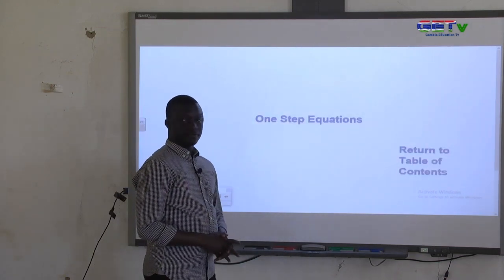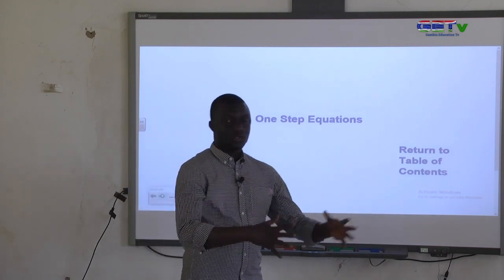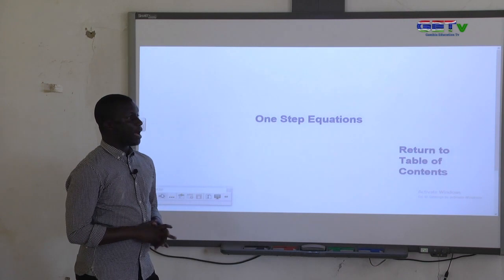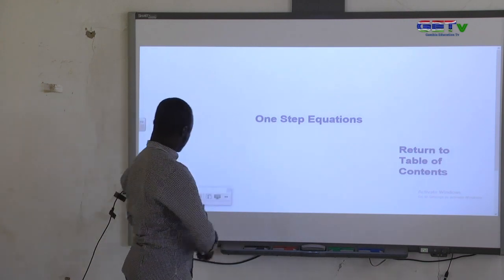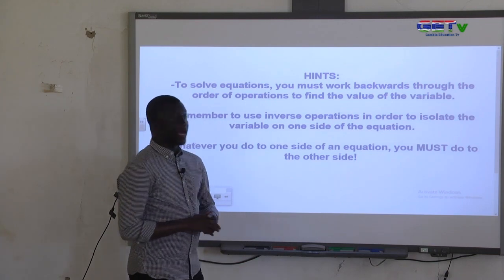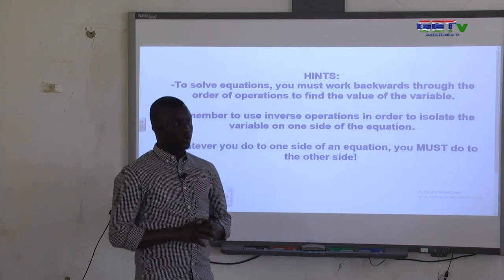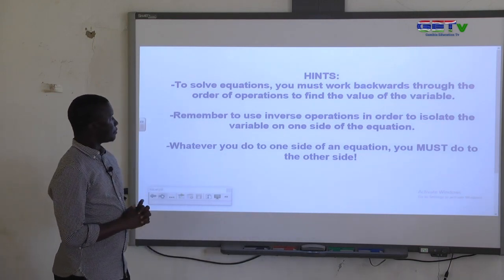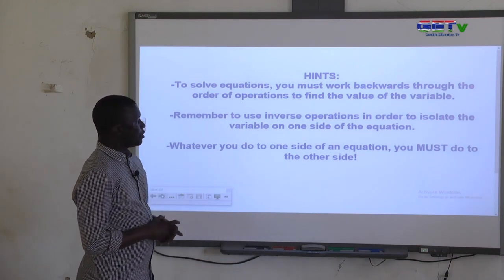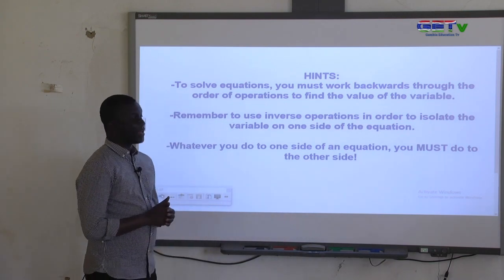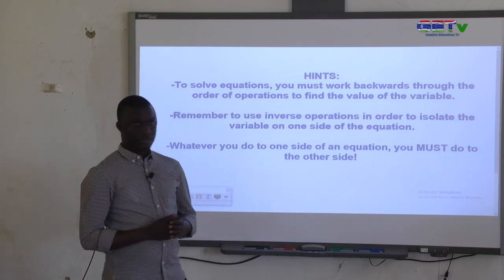One-step equations. Now we will get into solving our equations. But the equations we'll be solving here are only one-step equations. Now, here are hints or rules to bear in mind in solving one-step equations. To solve equations, you must work backwards through the order of operations to find the value of the variables.